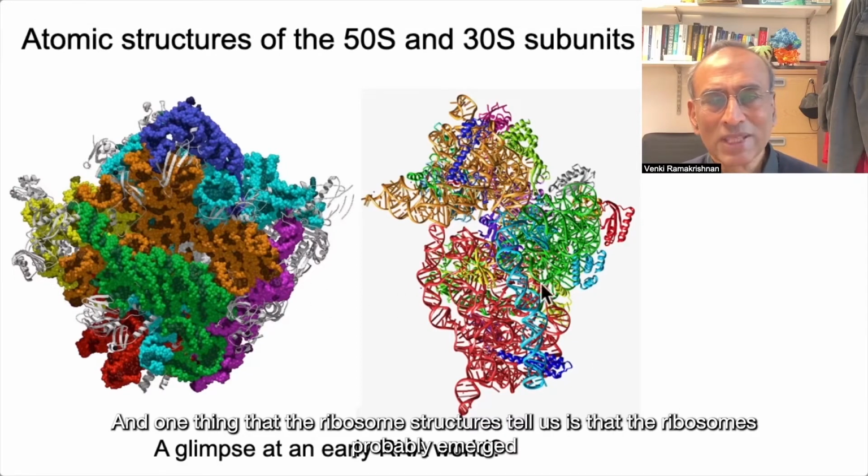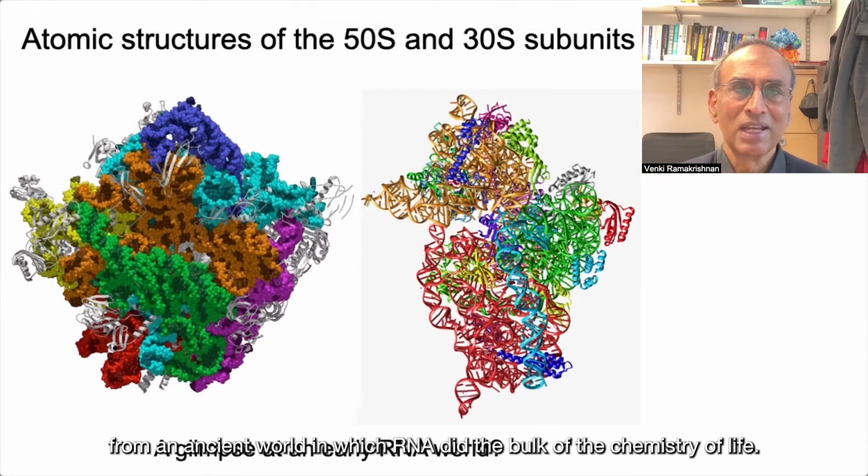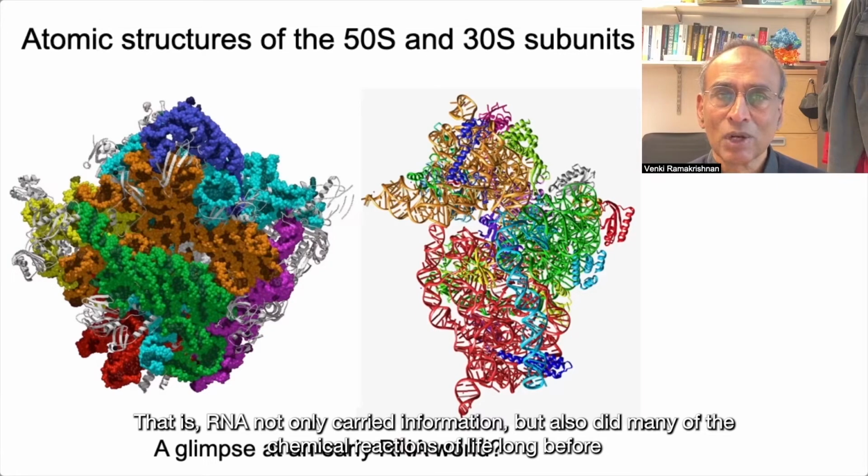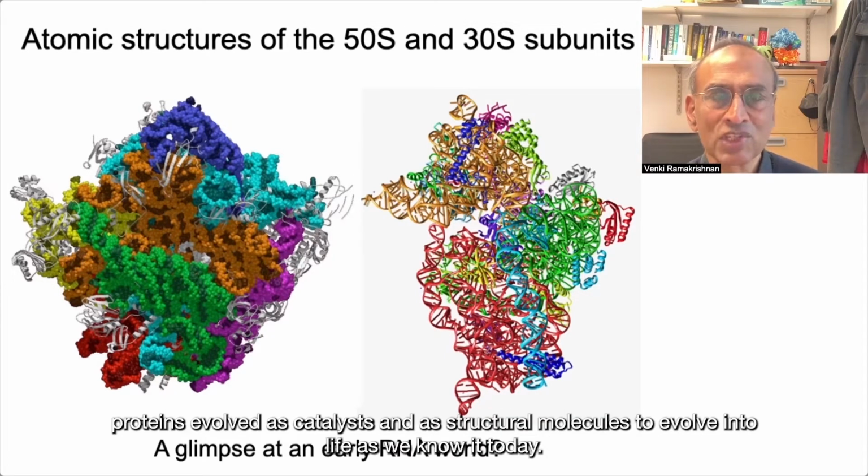And one thing that the ribosome structures tell us is that the ribosomes probably emerged from an ancient world in which RNA did the bulk of the chemistry of life. That is, RNA not only carried information, but also did many of the chemical reactions of life, long before proteins evolved as catalysts and as structural molecules to evolve into life as we know it today.